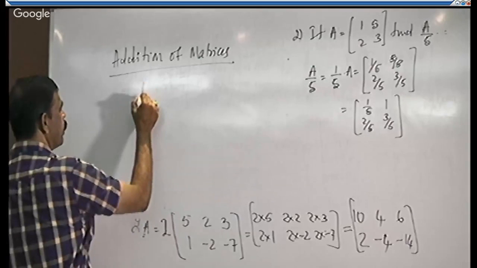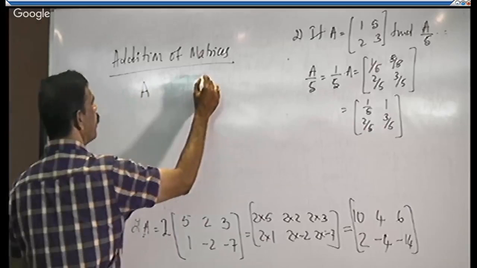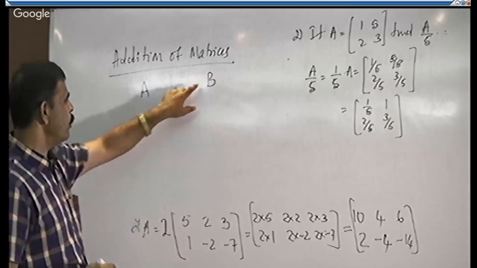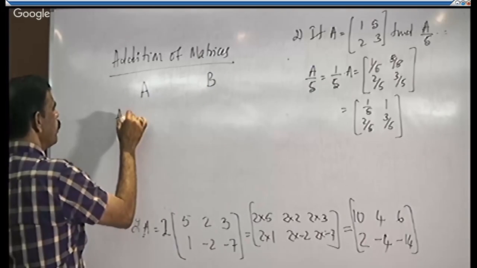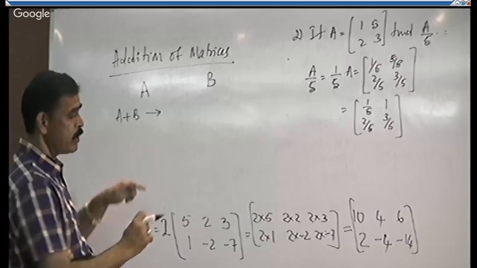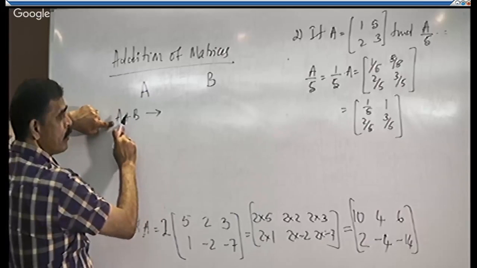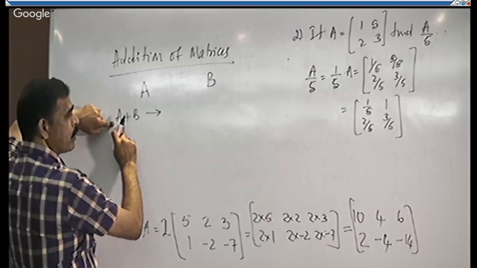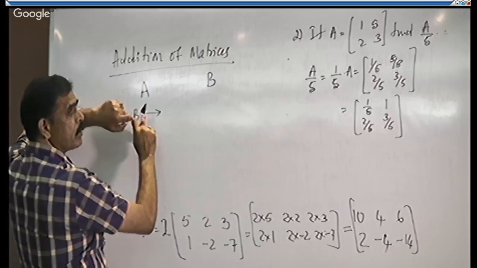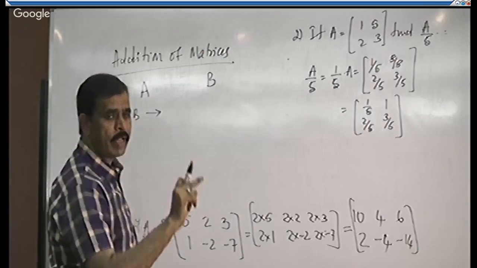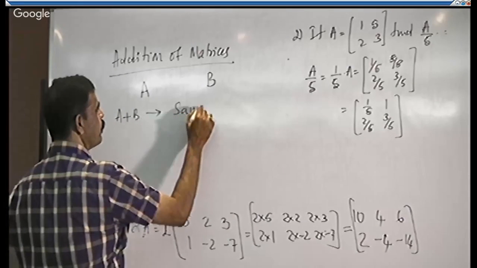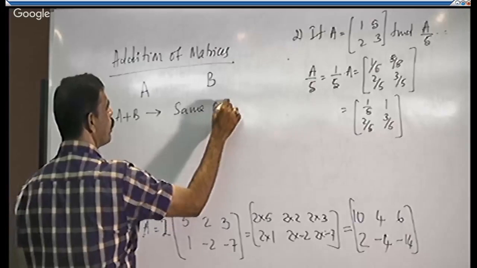Let us take A is a matrix and B is a matrix. To add A and B, we need certain conditions. What are the conditions? The number of rows and columns of A must be equal to the number of rows and columns of B. It means A and B should have the same order.